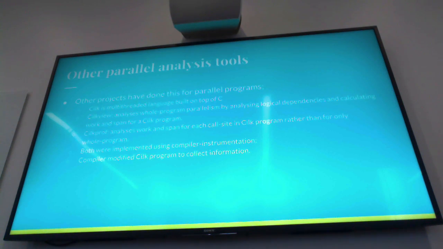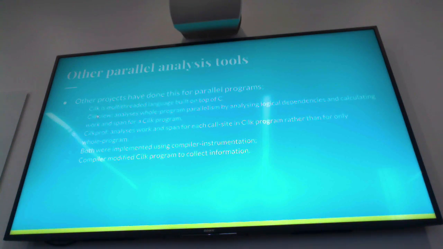So now I'll just briefly mention other tools that have done this work. Maybe you have heard of Cilk, which is a multi-threaded language built on top of C. The people who made Cilk produced two different tools over the years that analyzed the parallelism in Cilk programs.